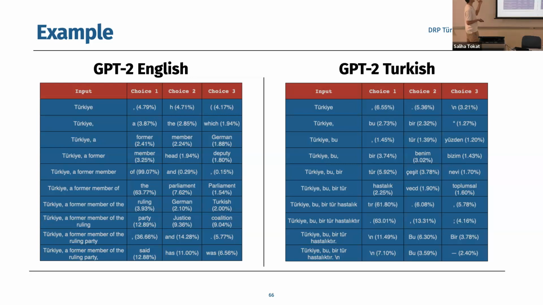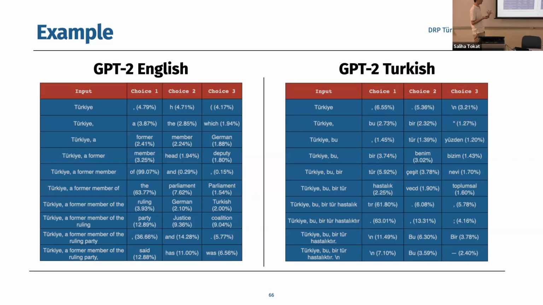In the left one, the English one, it says Turkey, a former member of the ruling party. Actually, I didn't put the rest of the text here. It was talking about something about the current ruling party, which most of you know, and something about fascism or something like that, but I don't remember exactly.